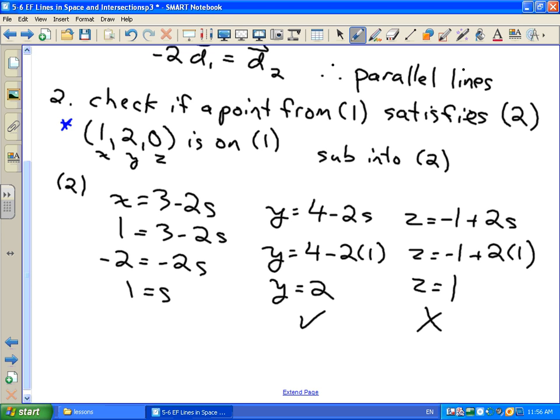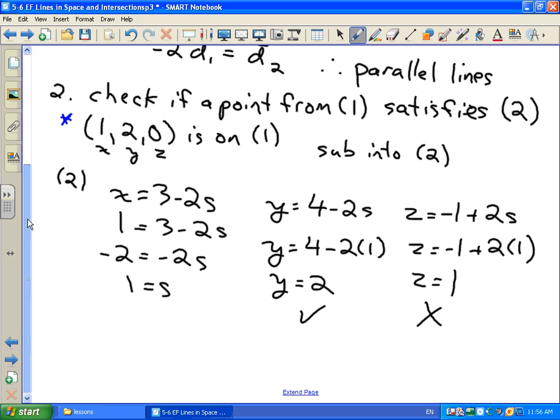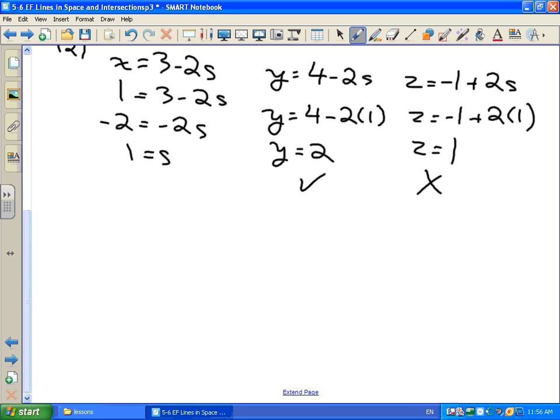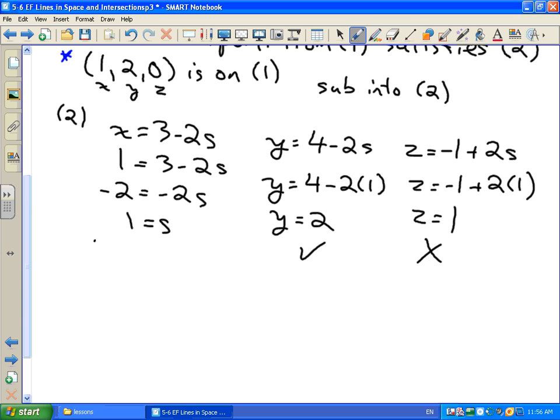So what this means is that we don't have a value of this parameter s that we can sub into equation 2 that is going to give us the point 1, 2, 0. We have a value that works for x and y, doesn't work for the z. So what can we conclude from this? First off is that this point, 1, 2, 0, is not on line 2.